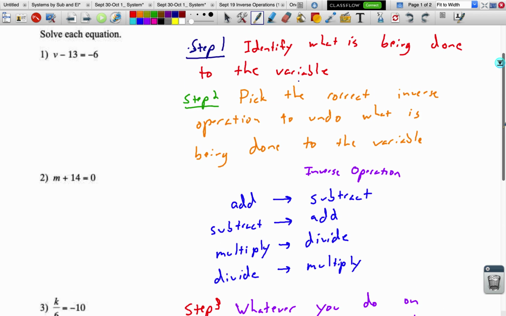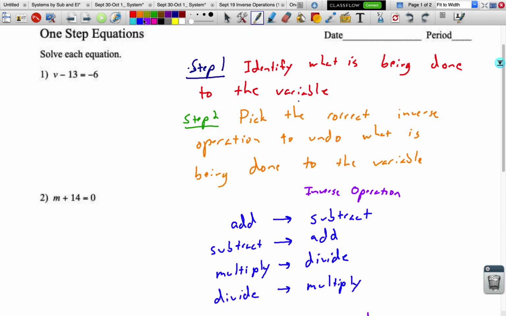Okay, let's apply these steps to problem number 1 here. First I look at what is being done to my variable v. It's being subtracted by 13. I say, what's the inverse operation of subtraction? Well, it's addition. So I get rid of a minus 13 with a plus 13. I'm doing that to the left-hand side, so I have to do that to the right-hand side.